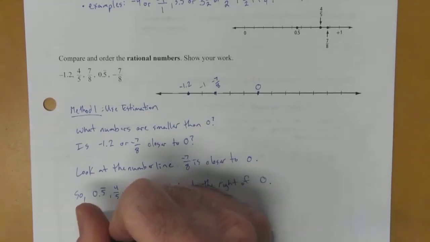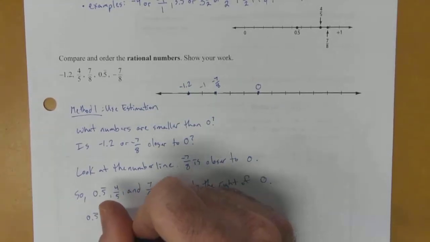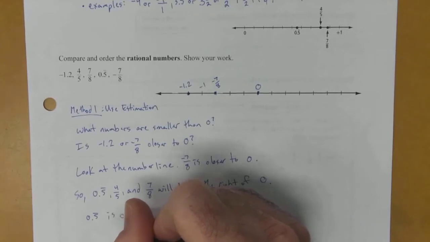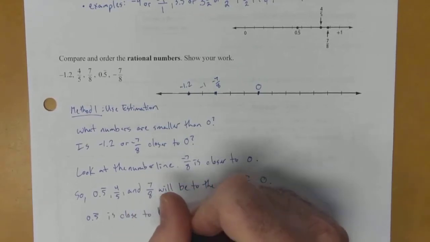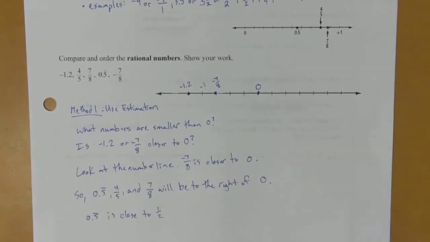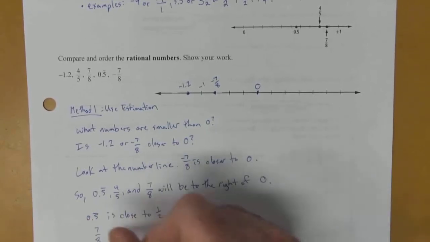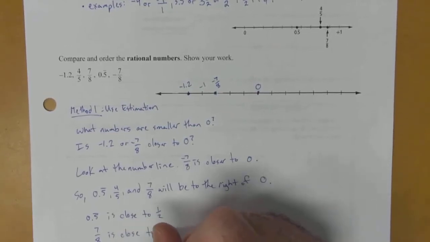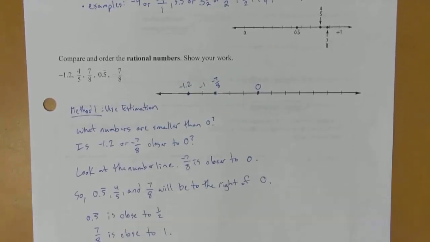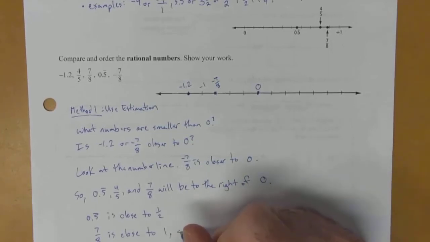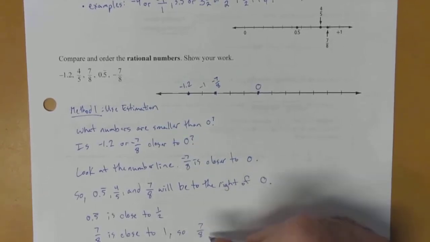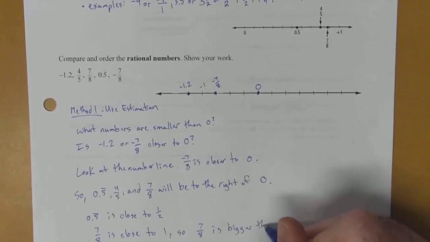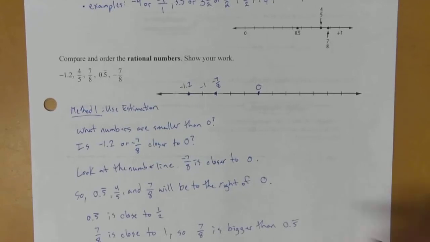Using estimation, we know that 0.5 repeating is close to 1/2. And 7/8 is close to 1. So 7/8 is bigger than 0.5 repeating.